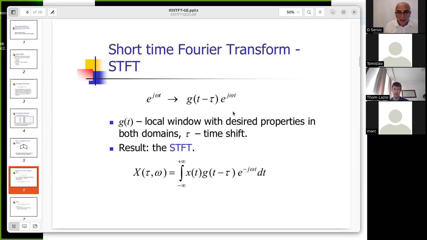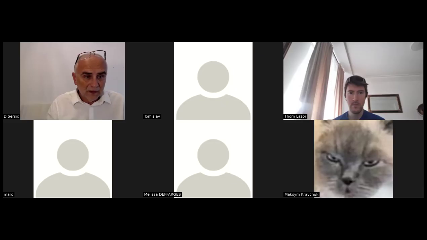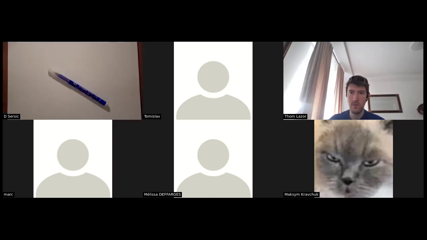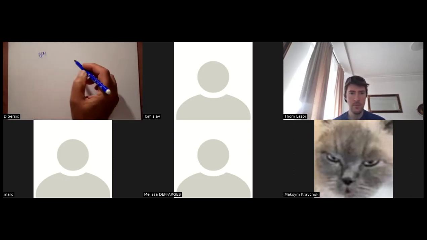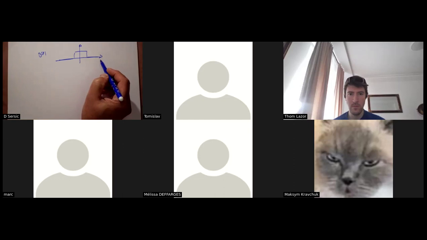Maybe I can just give you a couple of examples. How can it look? We can imagine that our function G looks like this. This is a possible example of such a function.